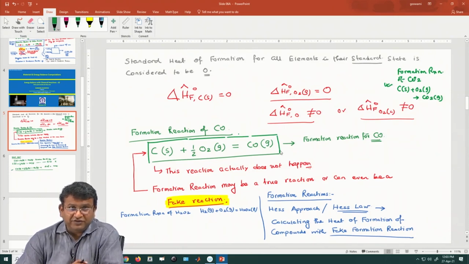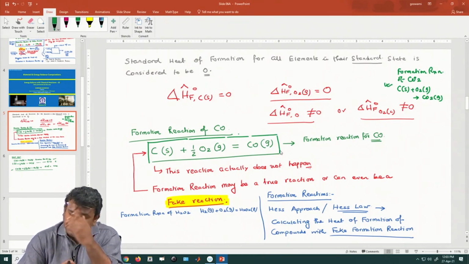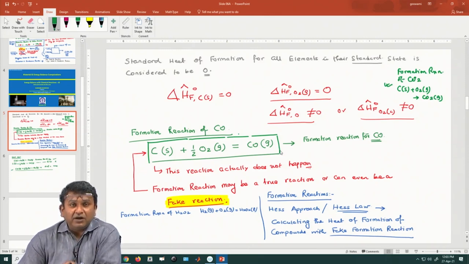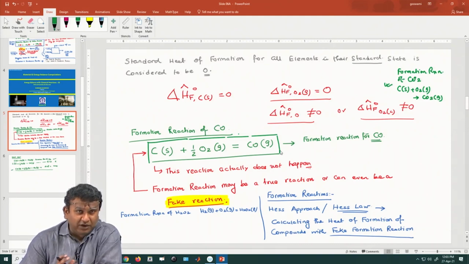You take stoichiometrically half amount of oxygen in principle, and you should get carbon monoxide, but that does not happen. We had discussed in the previous class that if you have less oxygen than the stoichiometric requirement of carbon, some part or 50% of the carbon will get converted to carbon dioxide, and the remaining 50% of the carbon will remain unreacted.